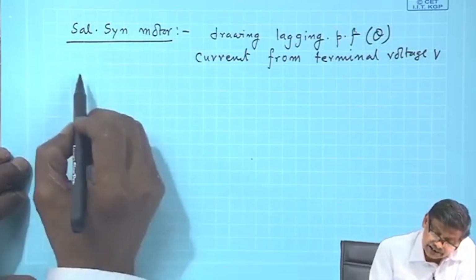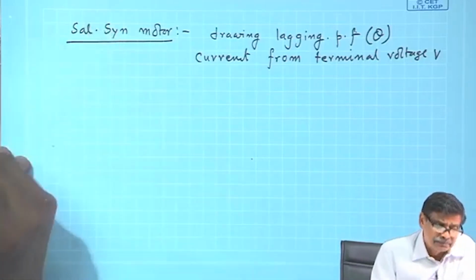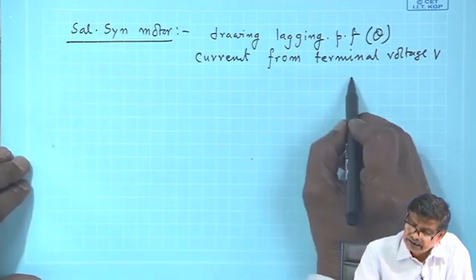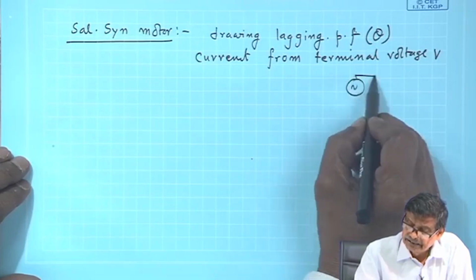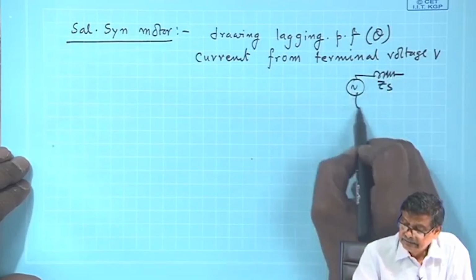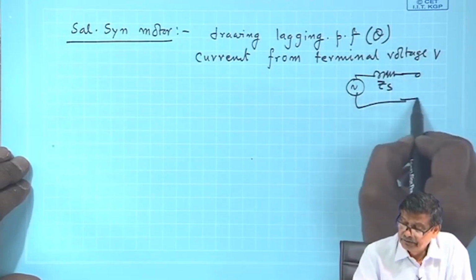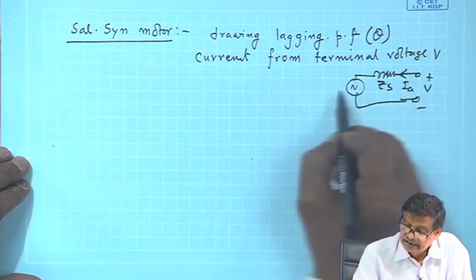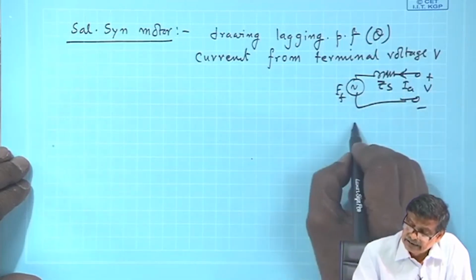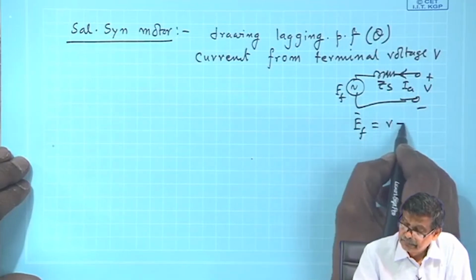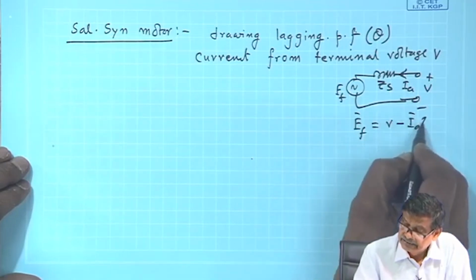Now, in case of generator, in case of cylindrical machine, I drew it like this, but in this case we cannot draw. So, this is the ZS, but the convention I am trying to remind you, this is V, this is IA, and this is EF, and we wrote like this, EF is equal to V minus IA ZS, is not?